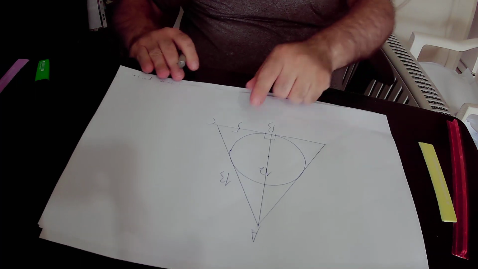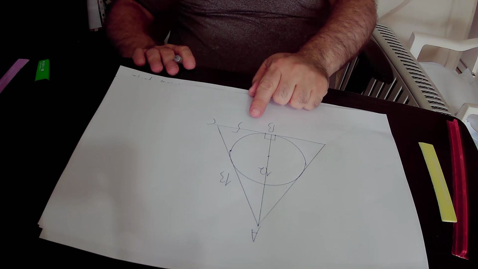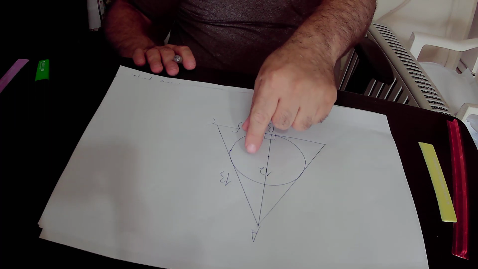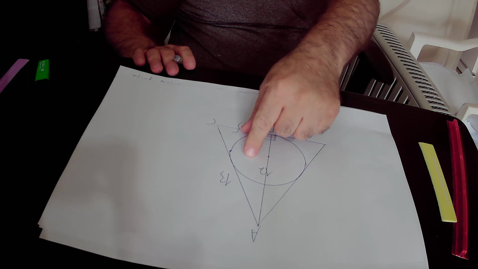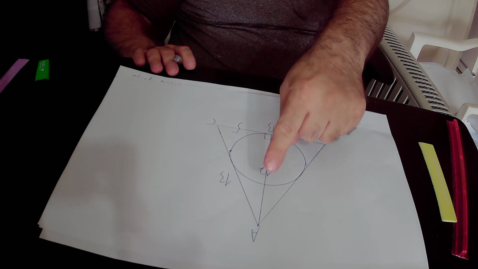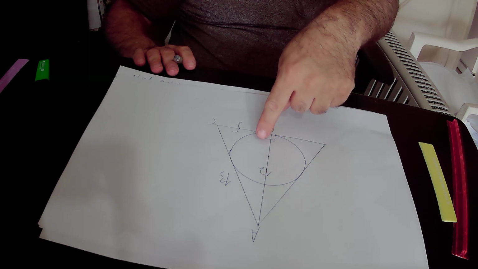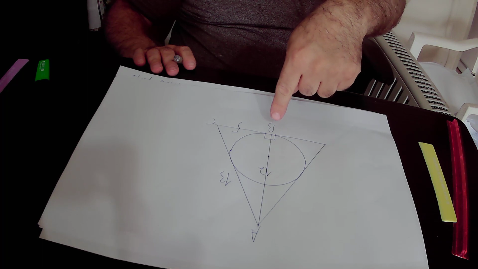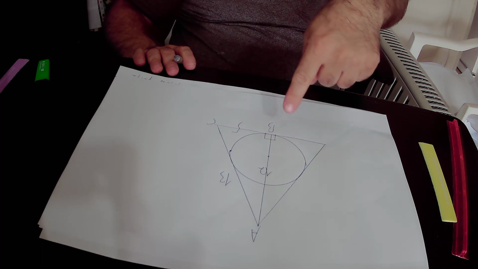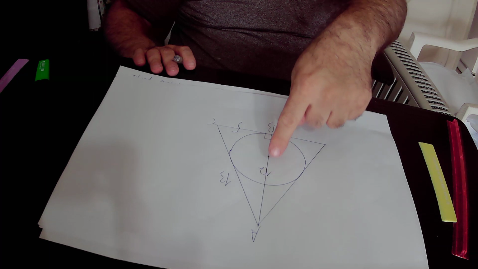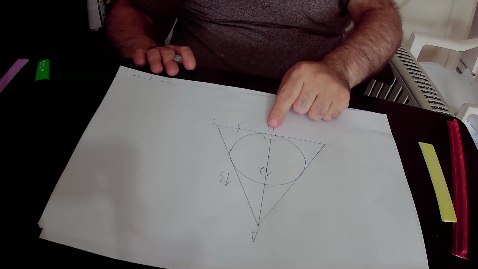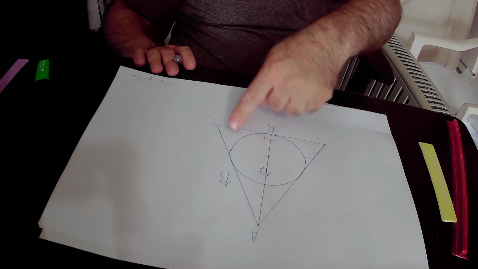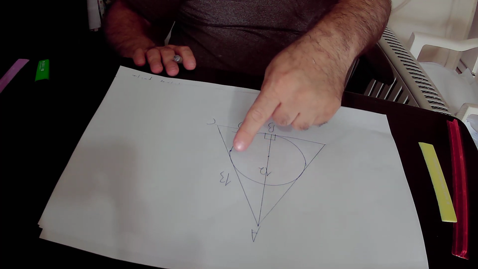So here we have the original figure, which is this side of the drawing. We have triangle ABC that is a right triangle with side BC equals 5 units, side AB equals 12 units, and angle ABC is a right angle, and we have already found out that AC, the hypotenuse of triangle ABC, equals 13 units.